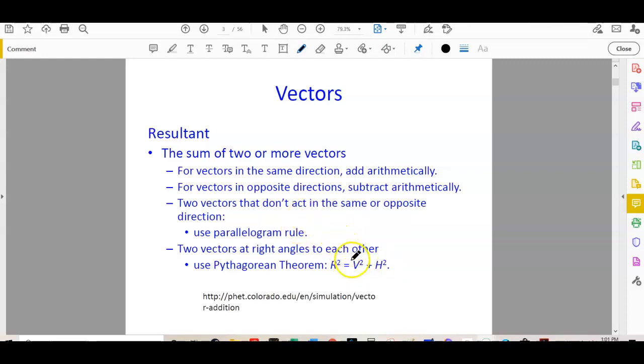If you have an opposite and an adjacent, you square both of those and take the square root of the sum, and that would be the length of the hypotenuse. The hypotenuse would be the resultant vector of the addition of two vectors at right angles to each other. But if the two vectors don't act in the same or opposite direction, you have to use a parallelogram rule, and we will get into that a little bit. Okay.